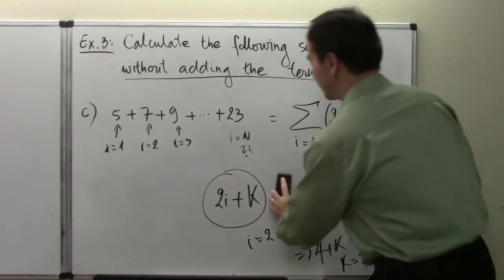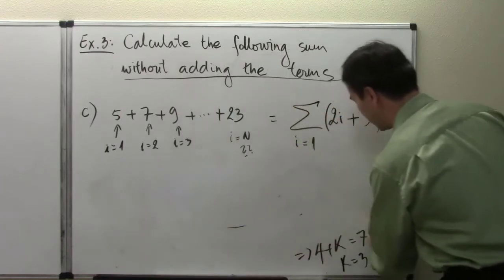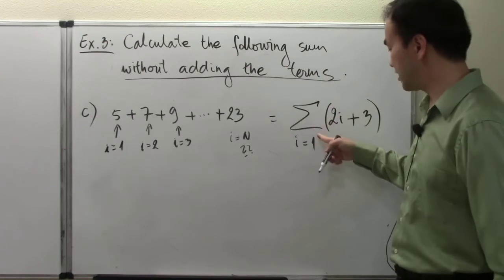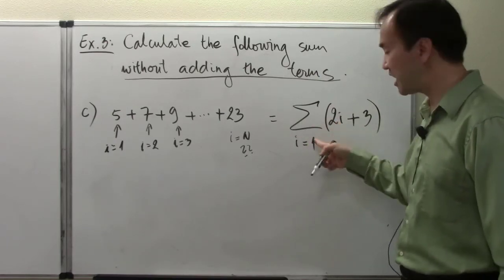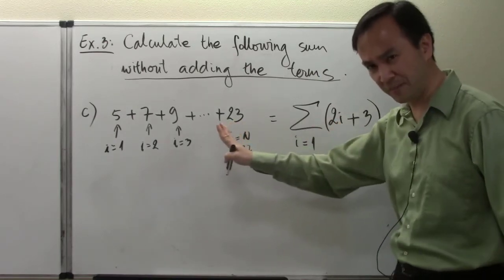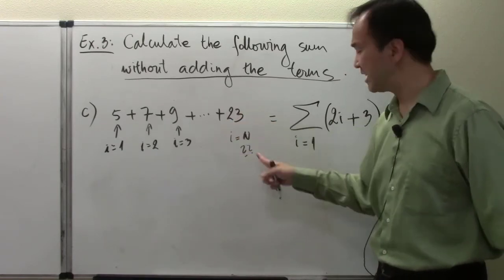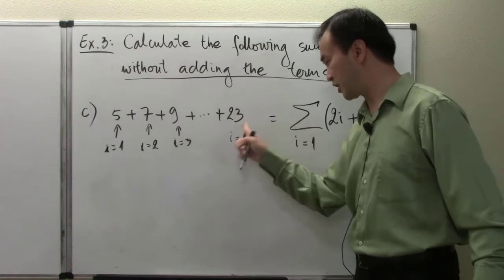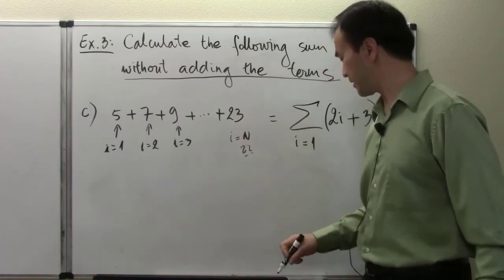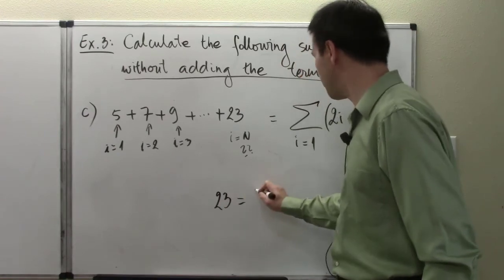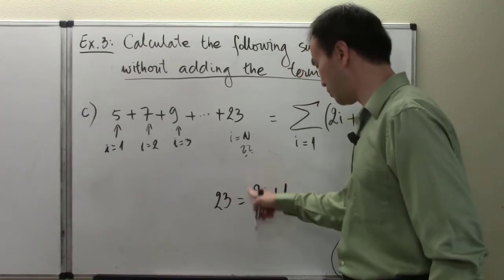So that's how I can quickly find the rule that determines the value of each term. We got one heavy part down, but how many terms are there? Meaning we have to look at the index. We have to discover the index of the last term. So 23 is the value, but it needs to be 2i plus 3.